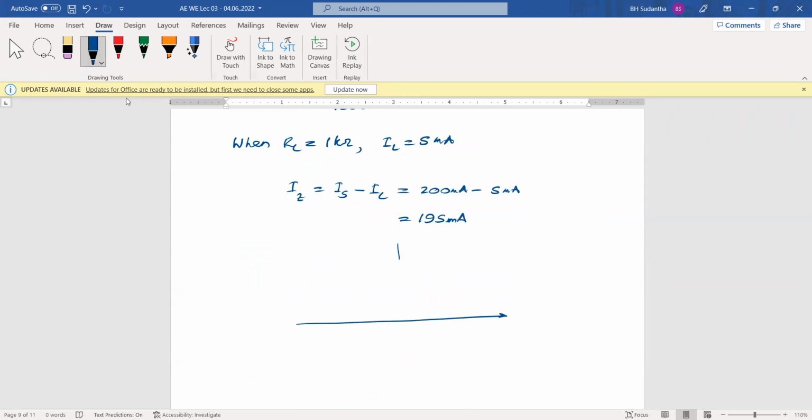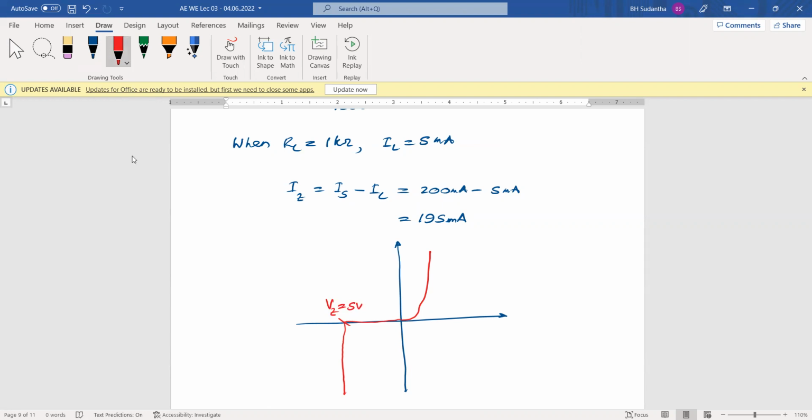Okay, but we can see this one. This is our graph. This is the Zener diode this way. Here, we said 5 volts.